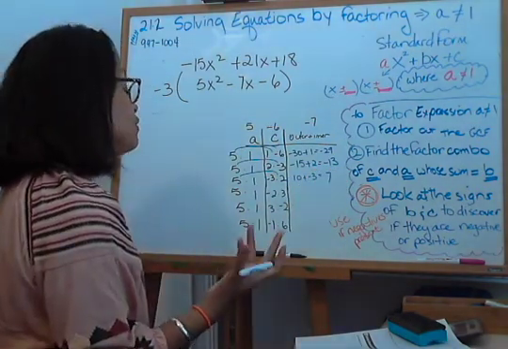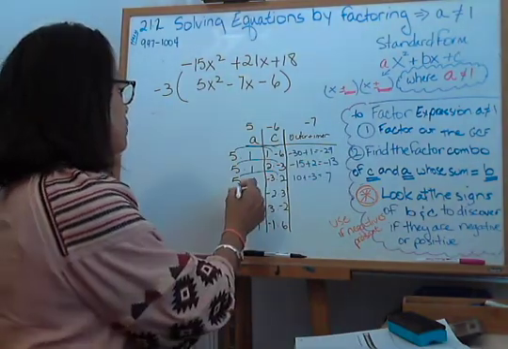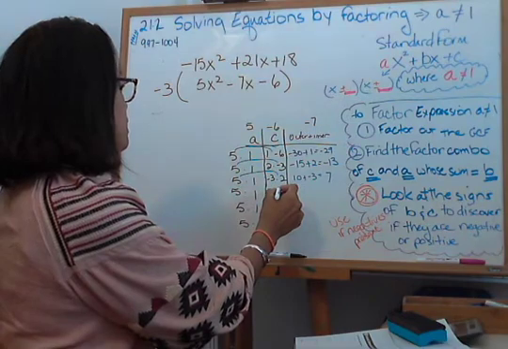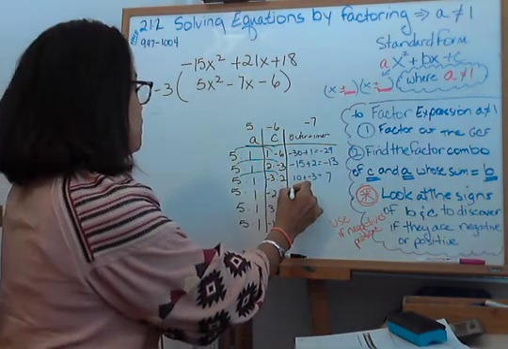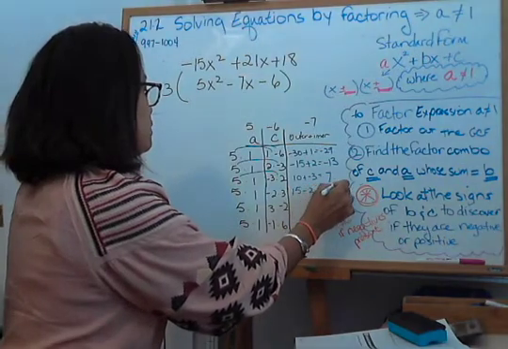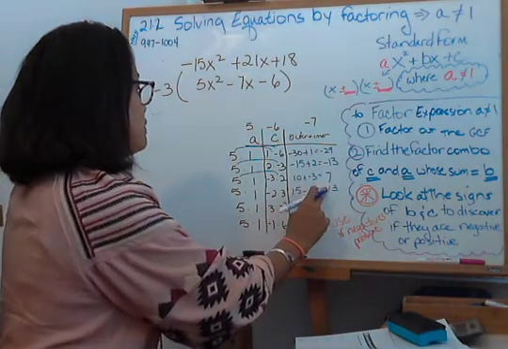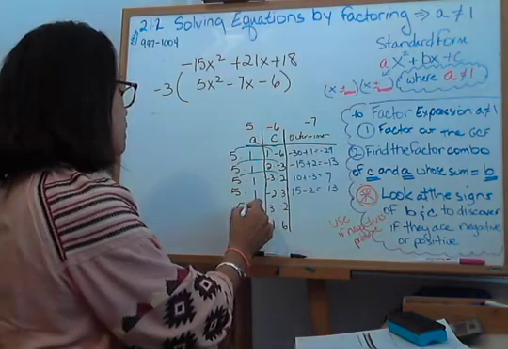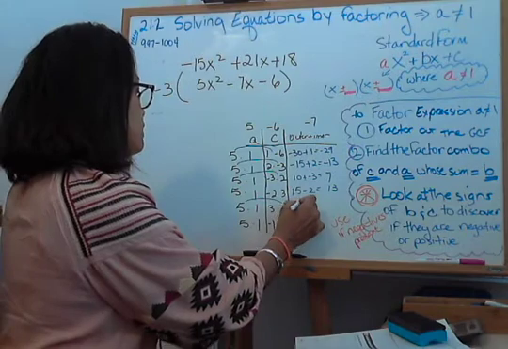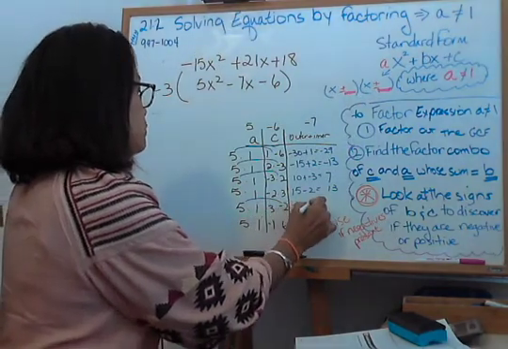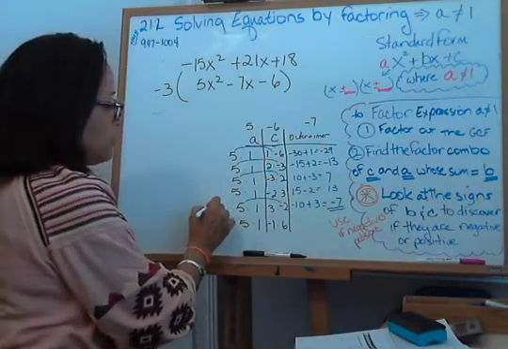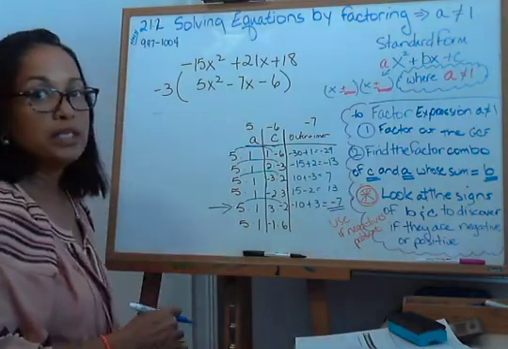So that's close, but the wrong sign. What about 5 times 3 is going to give me 15 minus 2, 13. That's also not right. But 5 times negative 2 is negative 10 plus 3 is going to give me negative 7.